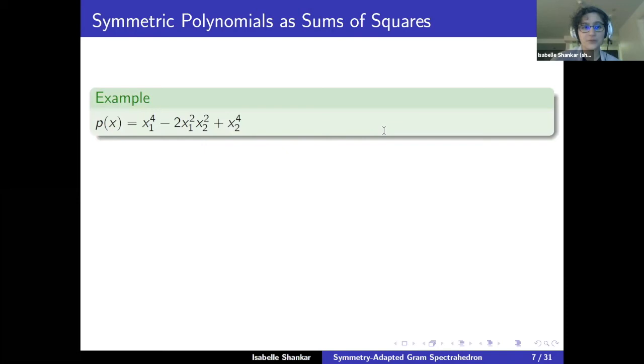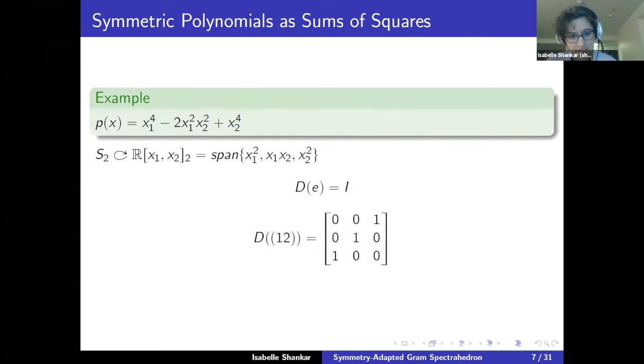So I'll do an example. Here is a degree 4 symmetric polynomial in 2 variables. Again, I'm interested in the S_N action on the space of degree 2 polynomials in 2 variables, which is spanned by these 3 monomials. That has this as its matrix representation, right?